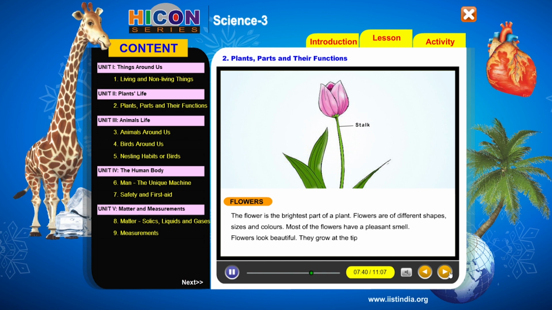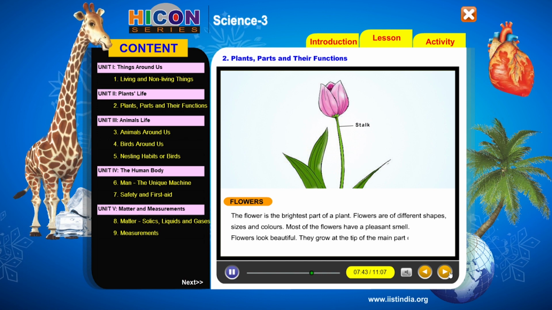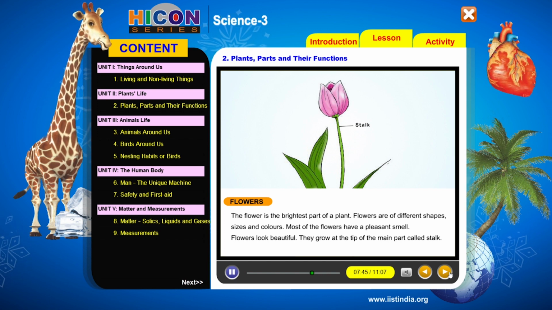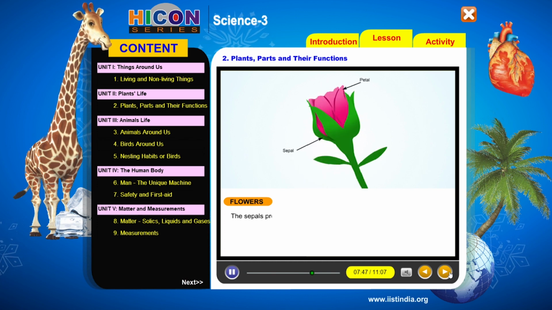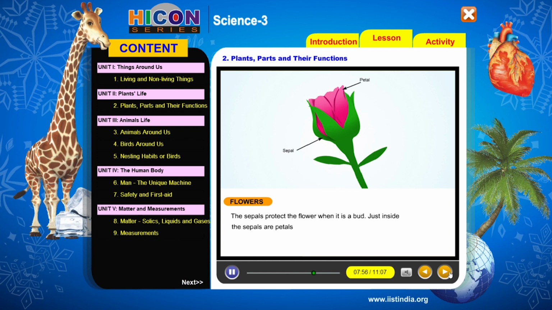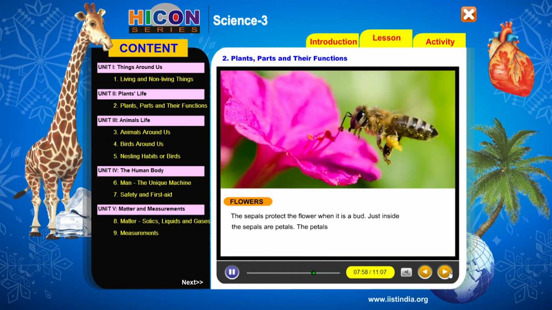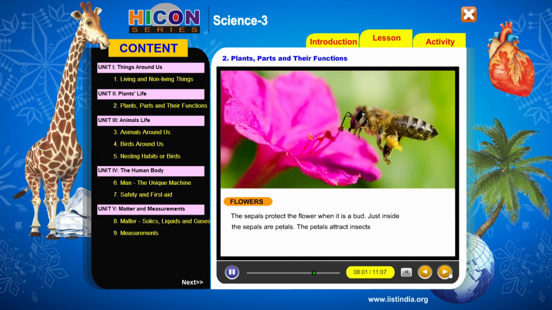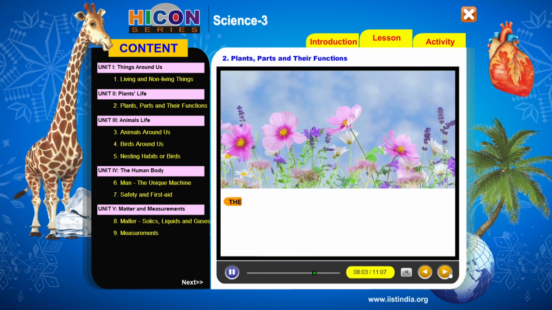They grow at the tip of the main part called stalk. The sepals protect the flower when it is a bud. Just inside the sepals are petals. The petals attract insects and birds.